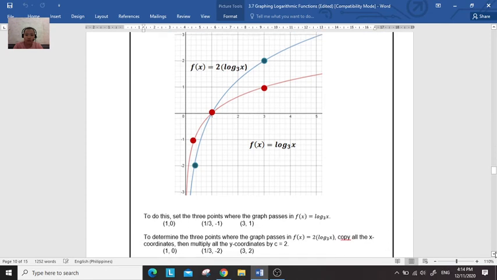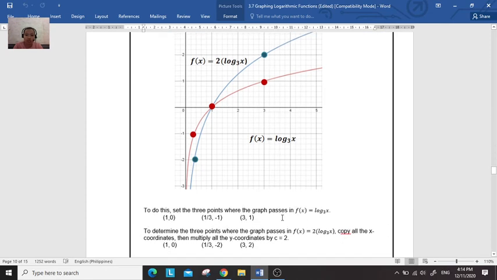Okay, first, if the following points of log x base 3 are 1, 0, 1 over 3, negative 1, and 3, and 1. If these are the 3 points of the graph, then we are going to copy all the x, 1, 1/3, and 3, and then multiply the y coordinates with 2.